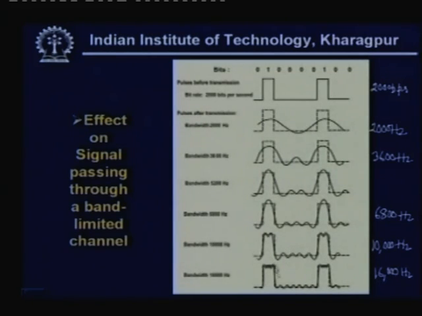As a consequence, the signal that we receive at the other end after passing through the medium will be very close to the original signal that we have sent. So with this diagram I have explained how a signal gets distorted as it passes through a band limited channel.